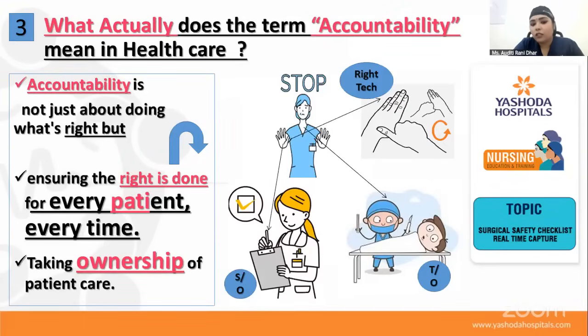Like I'm doing the right thing to the right patient at the right time is what I mean by accountability. For example, if I talk about accountability for my sign out procedure, I, being the circulating nurse, should be accountable to make sure all the team members in the theater are present, like the anesthetist, the nurse, and the surgeon, to make sure that I am doing the correct gauze, mop, needle, or scalpel count to make sure the patient is in a safer zone and maintain the quality of the hospital as well.